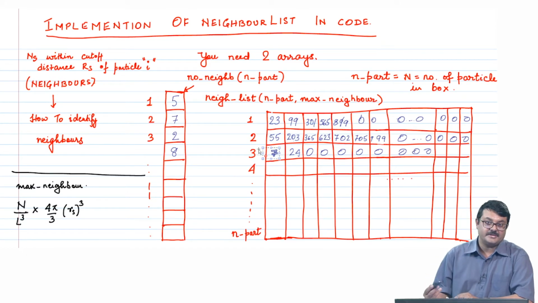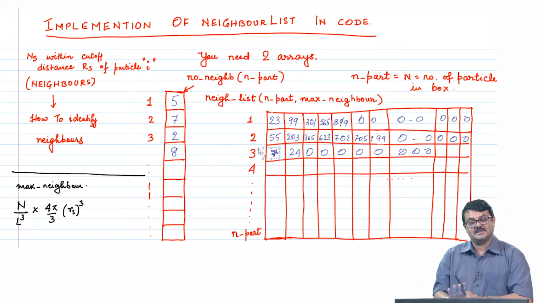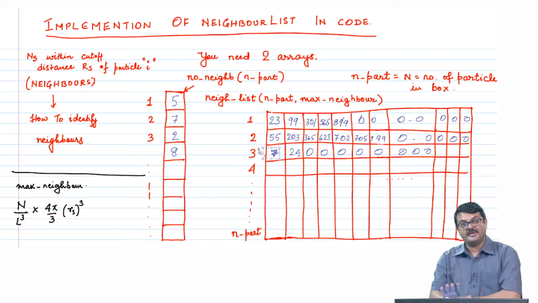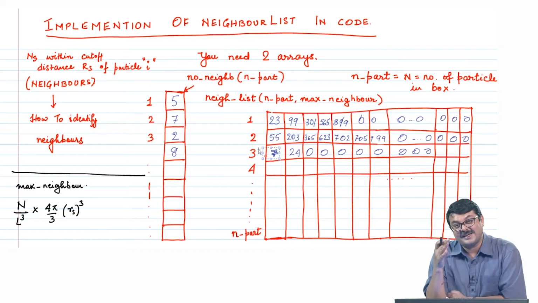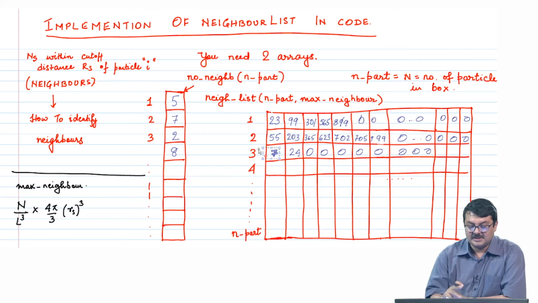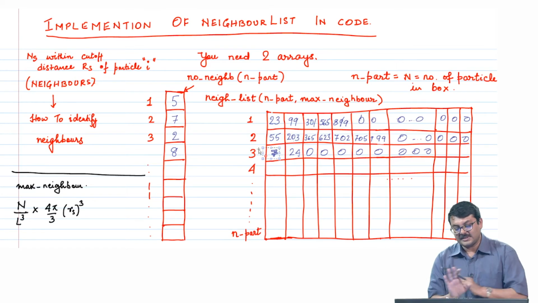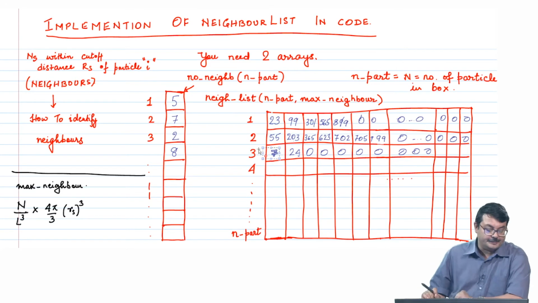And after 100 iterations, when you update the neighbor list, of course, all these will be rewritten, and you have to write the current neighbors at that time. You have to make a list of neighbors which will be the neighbors of each of these particles.